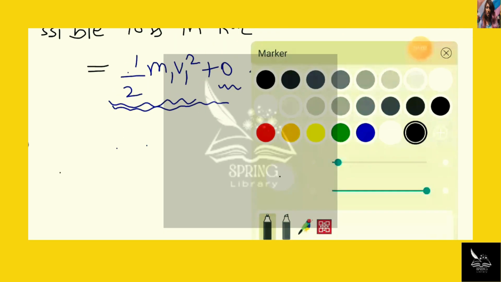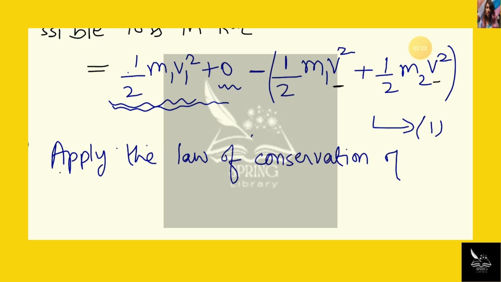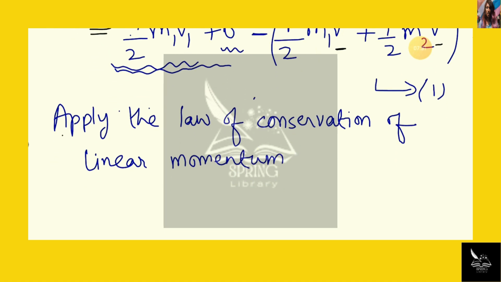The linear momentum of both blocks before collision is equal to the linear momentum of both blocks after collision.